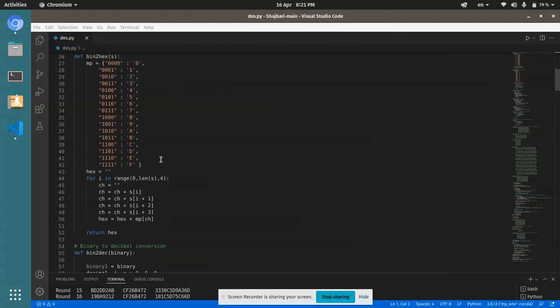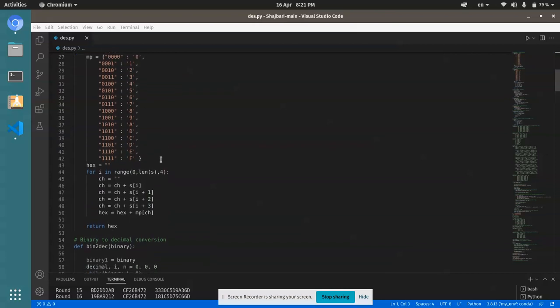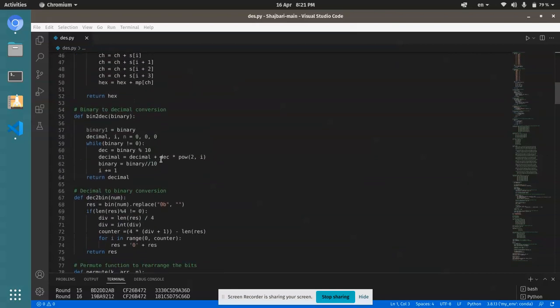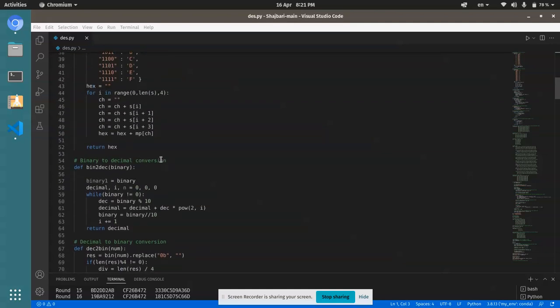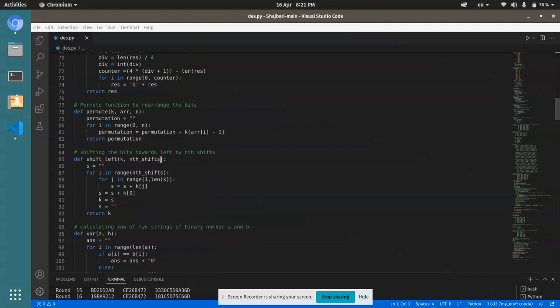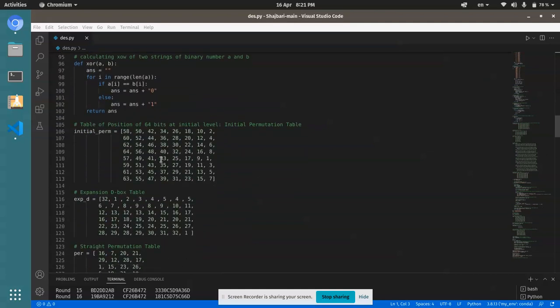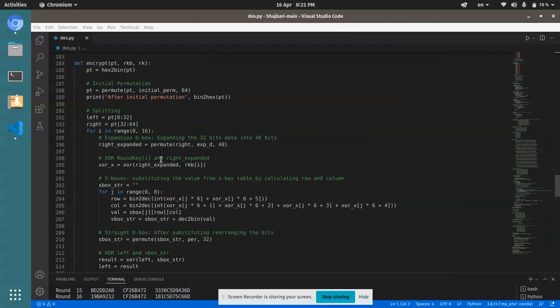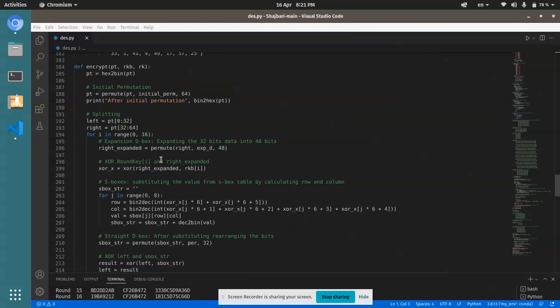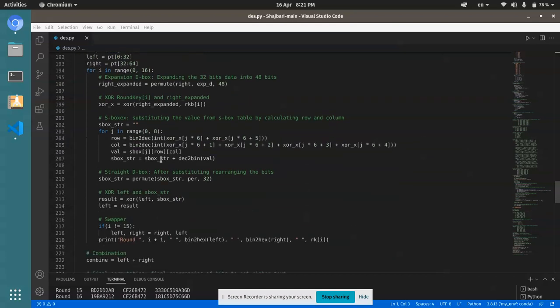In the first step, the 64-bit plain text block is handed over to an initial permutation function. The initial permutation is performed on the plain text.